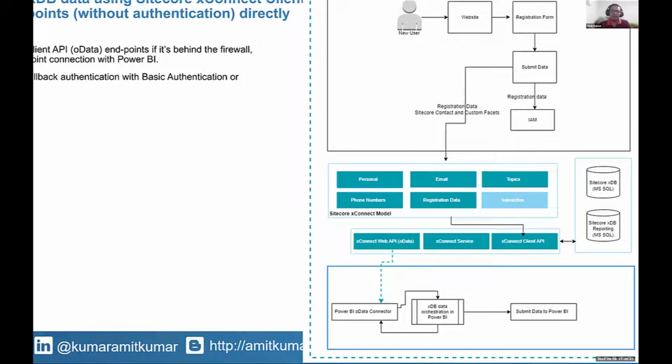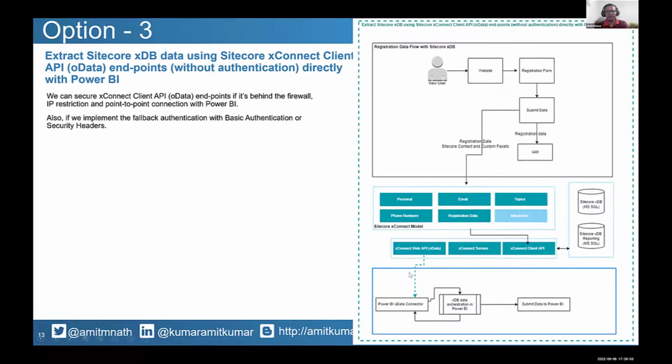For example, you have the contact list, you have the interaction facet. So you need to create a schema first, and then with the help of a sync process, you will take the data out of those tables, or you can say the schema, from the xConnect and push it to the Power BI data set. And from there, you can create a report.